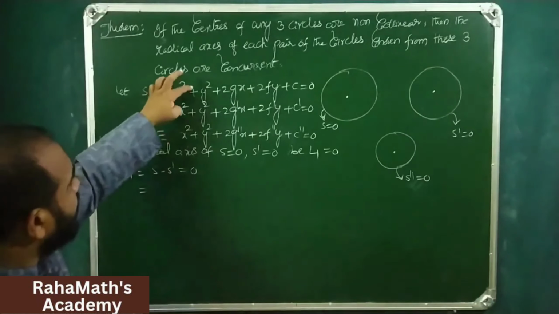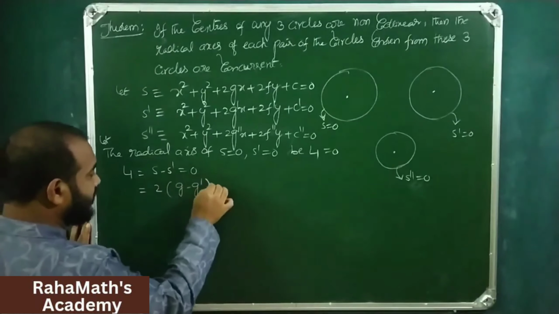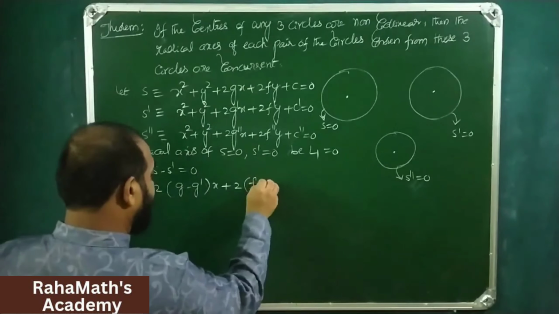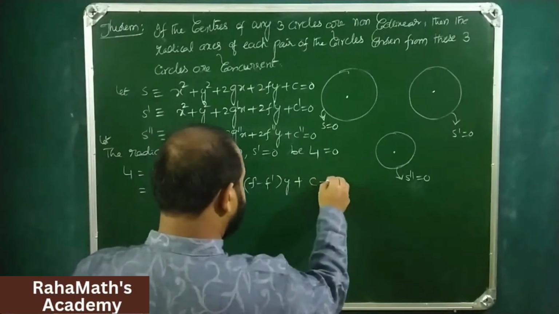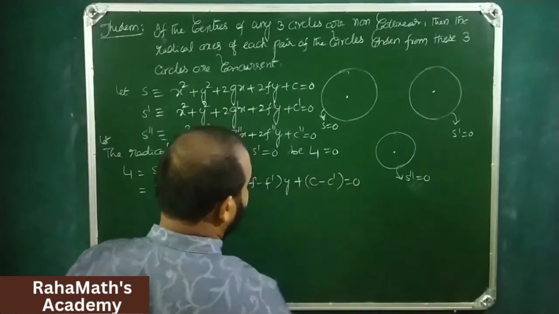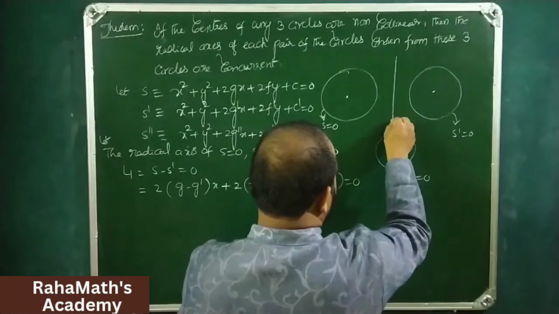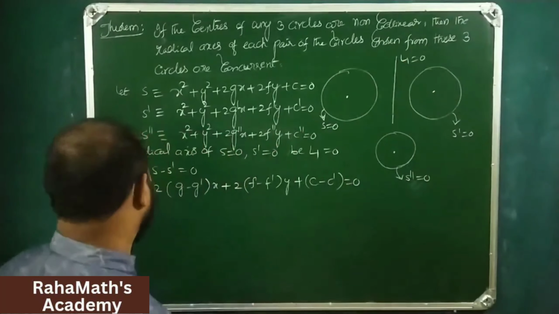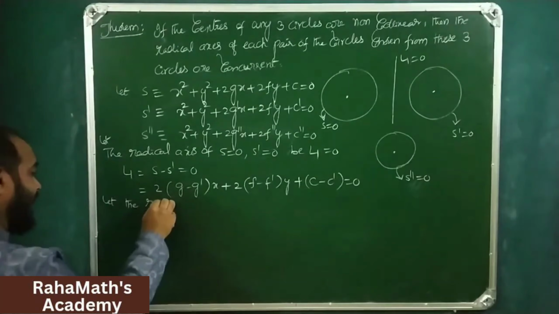Then this is 2 into (g minus g dash) x plus 2 into (f minus f dash) y plus (c minus c dash) equals 0. That means for these two circles, this is L1 equals 0.